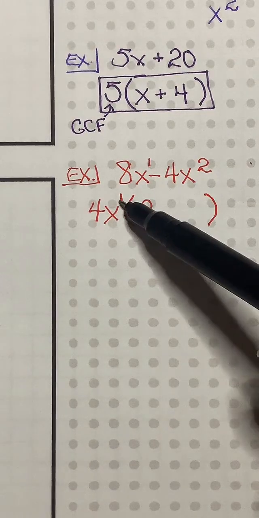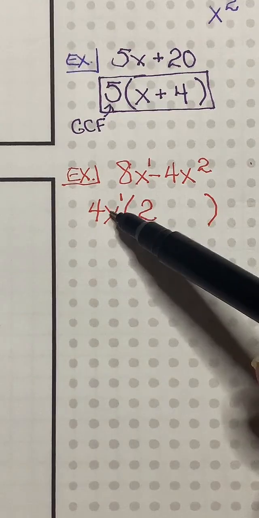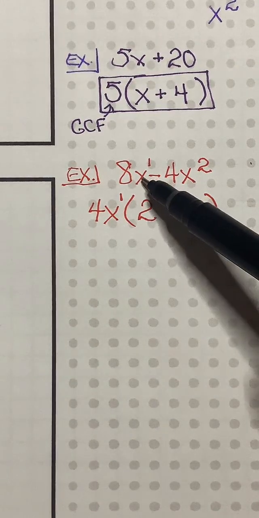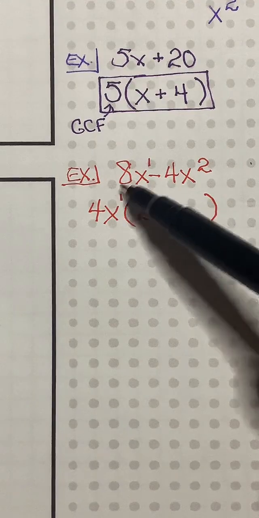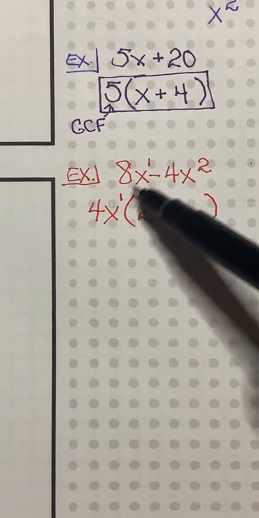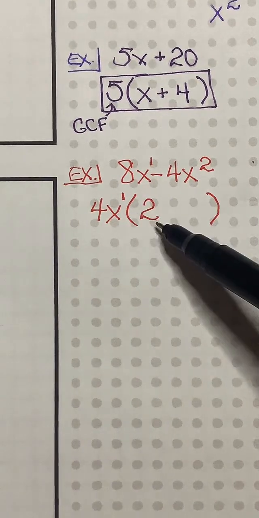So 1 minus 1 will give me 0. And x to the 0 power equals 1. And if I divide that 8 divided by 4, that gives me 2. And 2 times the 1 that we got from the x's will still give me 2.